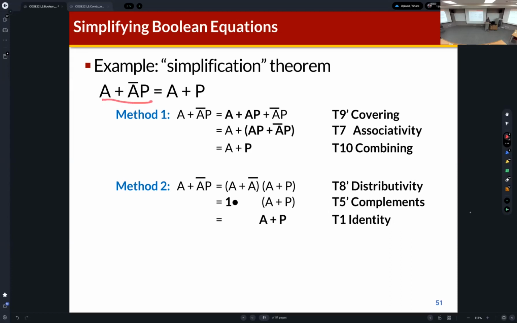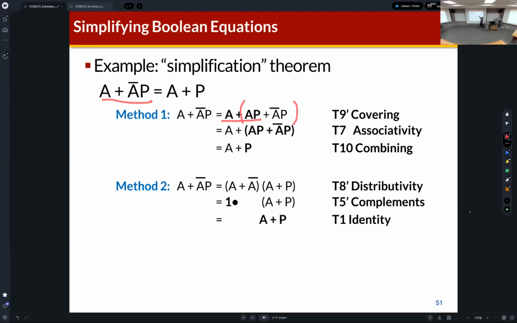Firstly, we can rewrite A as A plus AP. This is the covering theorem. Then we can also apply the associativity, which means that we can group these two terms. This is what we learned in this class, right?